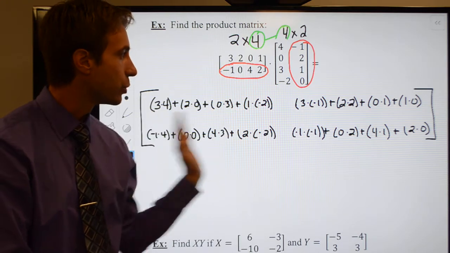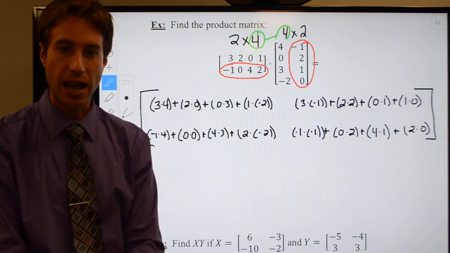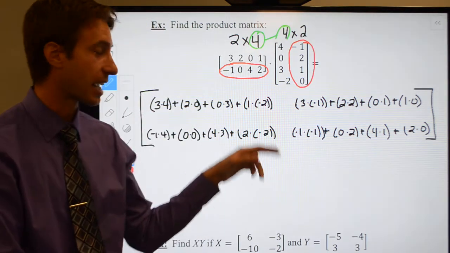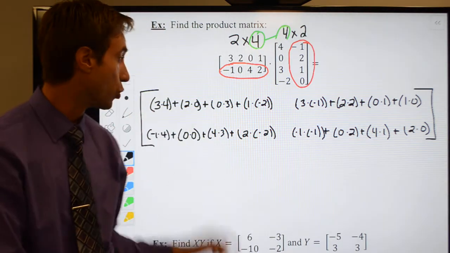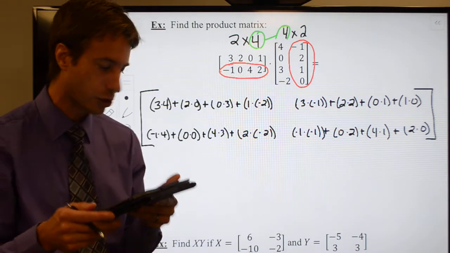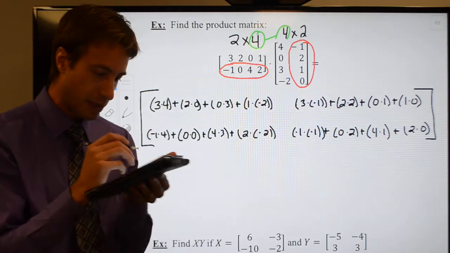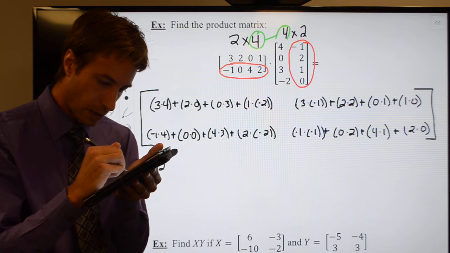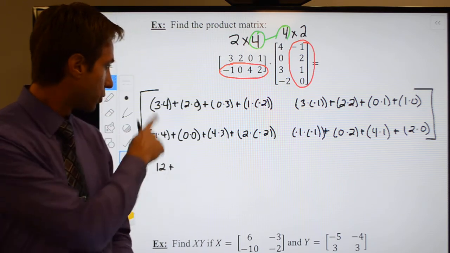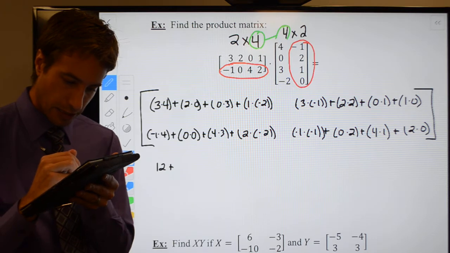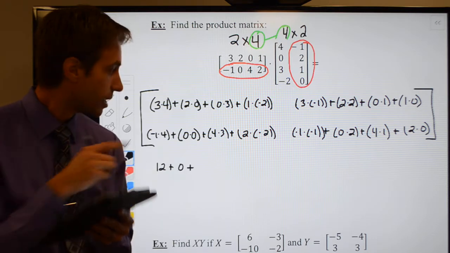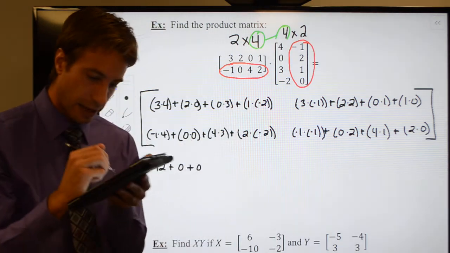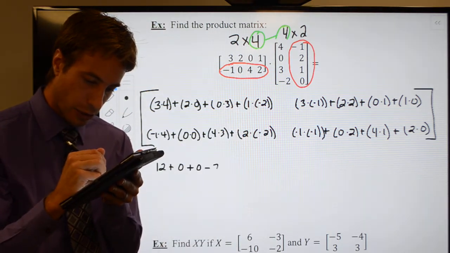Now all I have to do is sum these up, actually, sorry, I haven't taken care of the products yet. I haven't multiplied these together, so let's do that next. I'm going to have 12 plus 2 times 0 is 0, plus 0 times 3 is 0. 1 times a negative 2 is a minus 2.